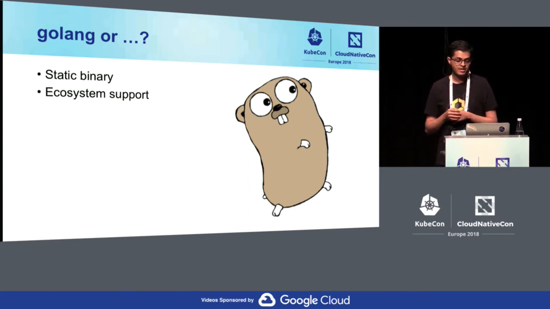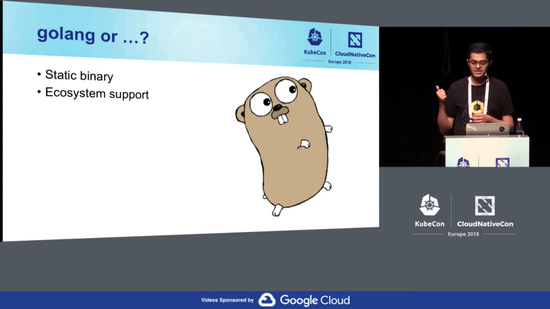So it was a default programming language for us to use. Again, the ecosystem support is something worth noting here as well. libcni is pretty mature and is written in Go. So it's pretty much a no-brainer that we would use Go. I do know some people who have written plugins in Rust, but I don't say hi to them that often.